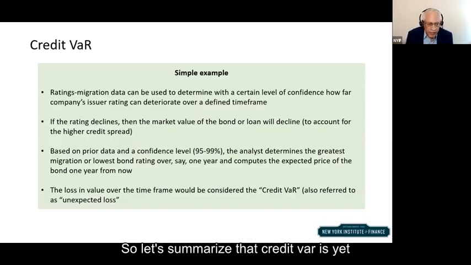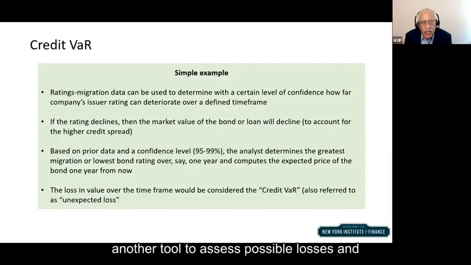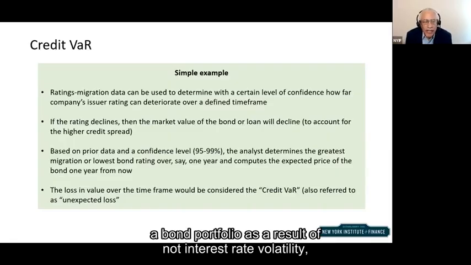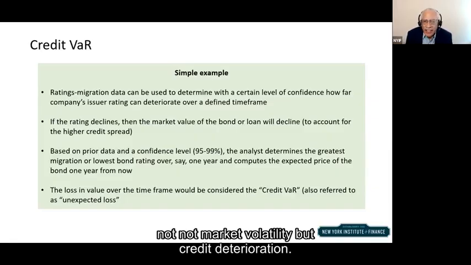So let's summarize that. Credit VAR is yet another tool to assess possible losses in a bond portfolio as a result of not interest rate volatility, not market volatility, but credit deteriorations.